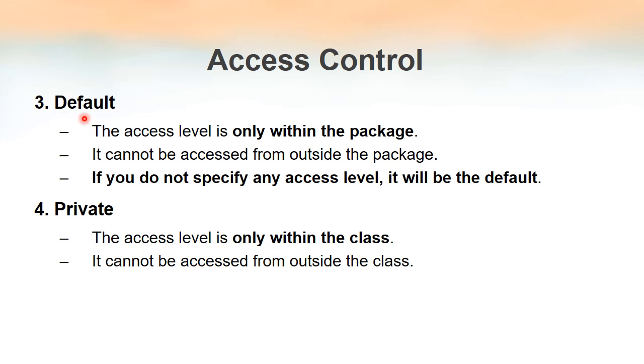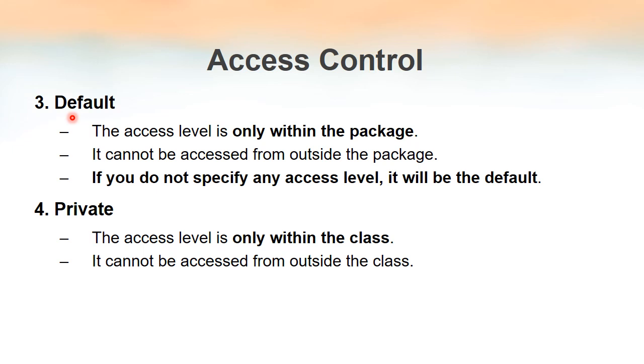We don't have to write this as a keyword. Even if we don't write any access modifier, it is considered default. In the default case, the access level is only within the package. So this is the difference between the public access modifier and the default access modifier.